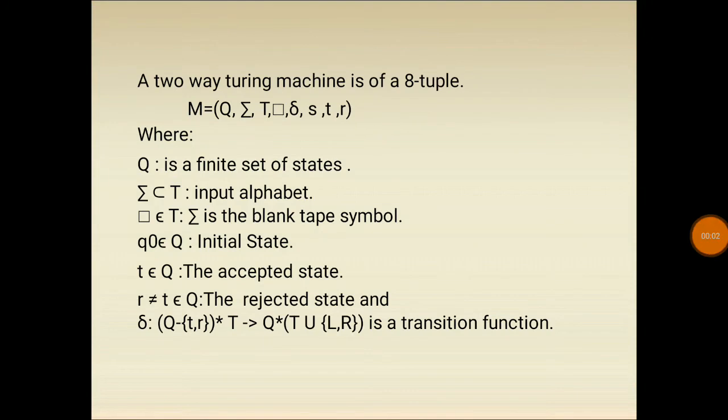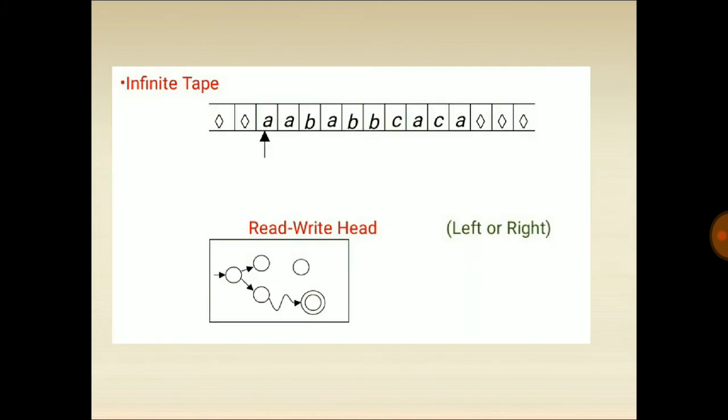A two-way Turing machine is of 8 tuples, that is, Q is the set of states, sigma is the set of input alphabets, square is the blank tape symbol, Q naught is the initial state, T is the accepted state, and R is the rejected state. In this diagram, you can see that the tape goes infinitely in the left direction, and on the other side the tape goes infinitely in the right direction.